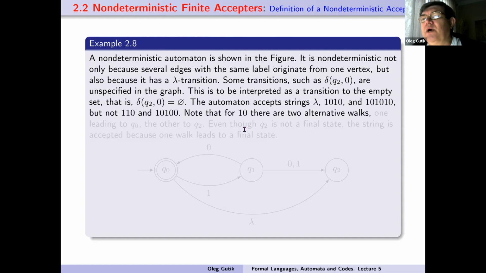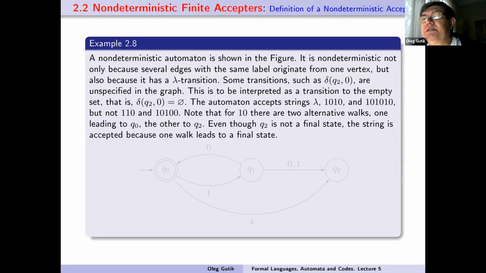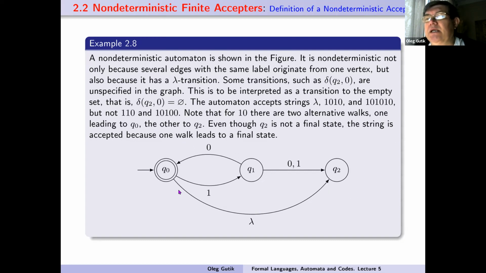Note that for 1 0, there are two alternative walks, one leading to Q0, the other to Q2. Even though Q2 is not a final state, the string is accepted because one walk leads to a final state. So we have a picture of this automaton.